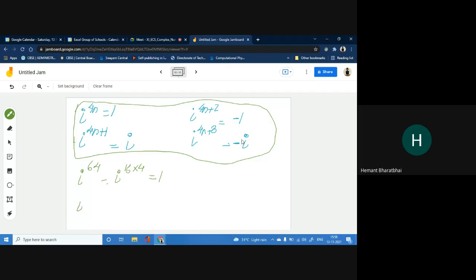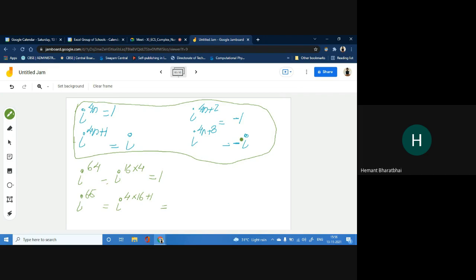So this i raised to 64 can be written as i raised to 16 into 4. 16 fours are 64, right? So it became i raised to 4, and i raised to 4 is how much? 1.